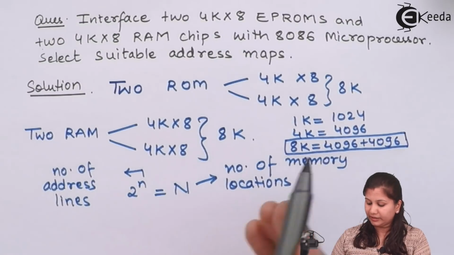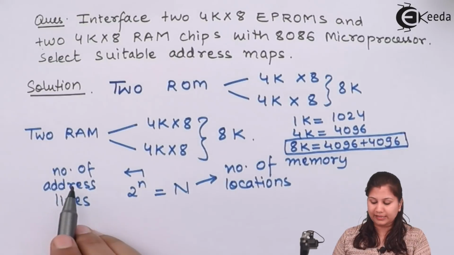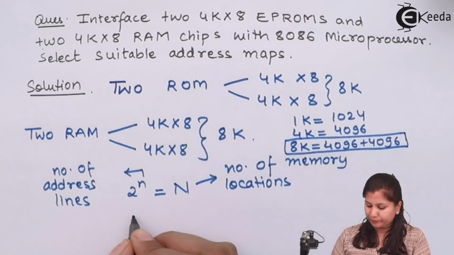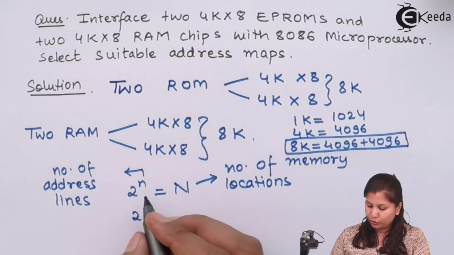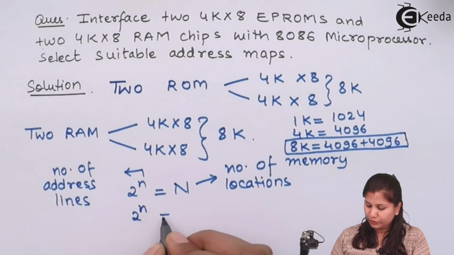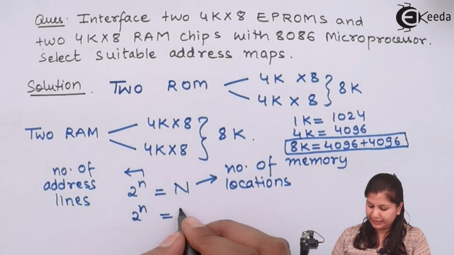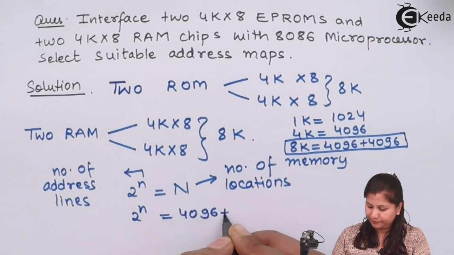So if we calculate the number of address lines, we can calculate by using this formula. 2 raised to the power n equals to this 4096 plus 4096.